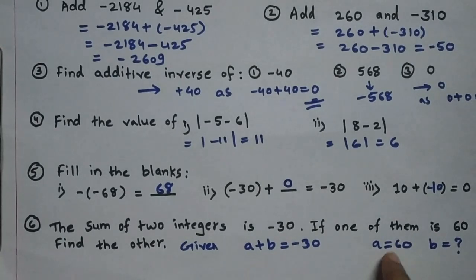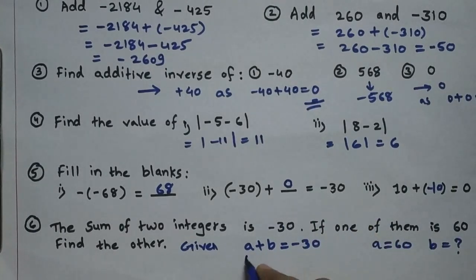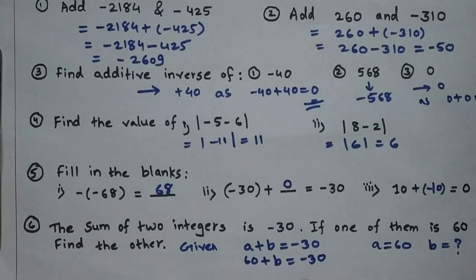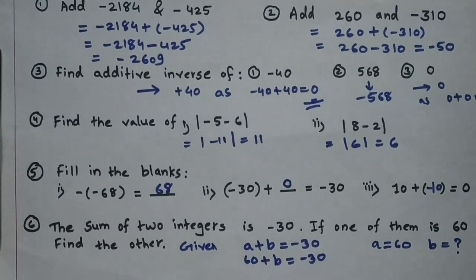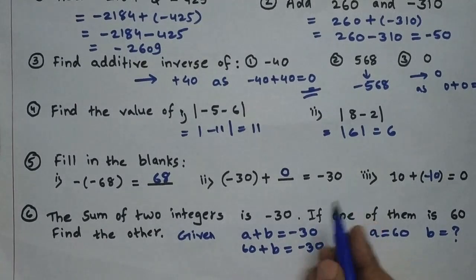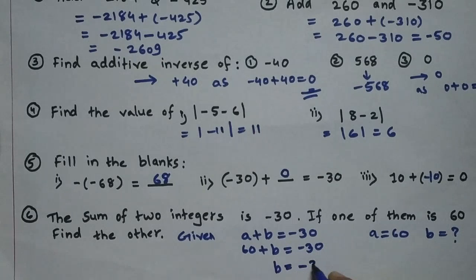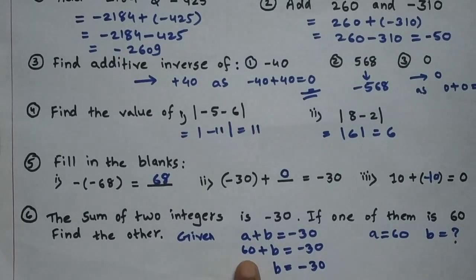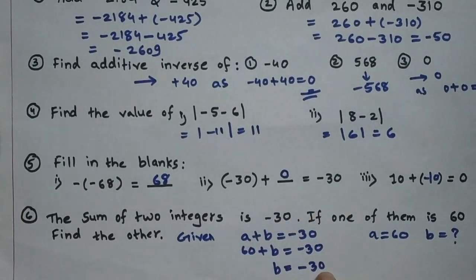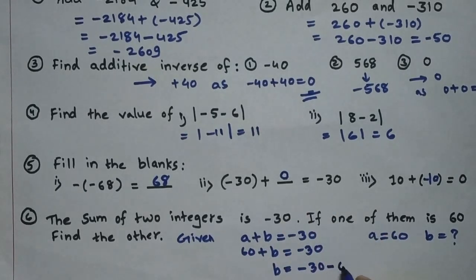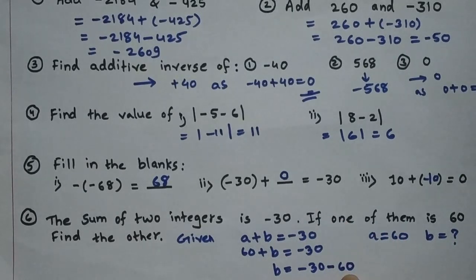Sum given, one of the integers given, you have to find the other. So let's put the 60 here. To find the value of b, shift this 60 to the right hand side. Minus 30 will be as it is. When you shift this positive 60 to the other side of the equation, it becomes minus 60.